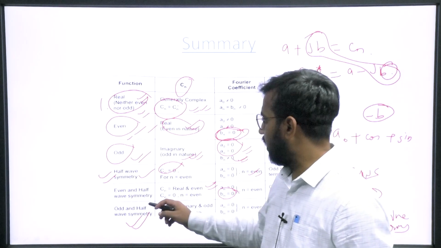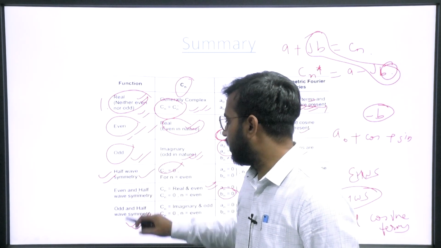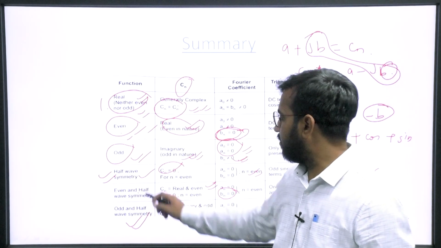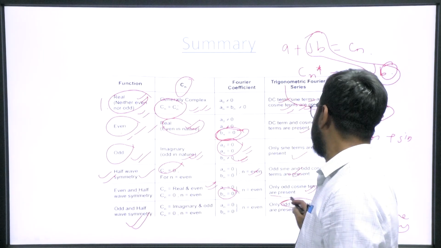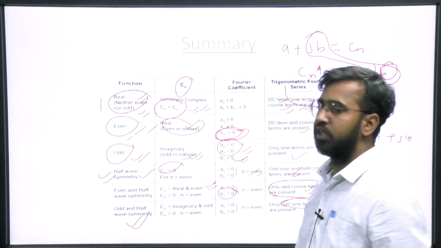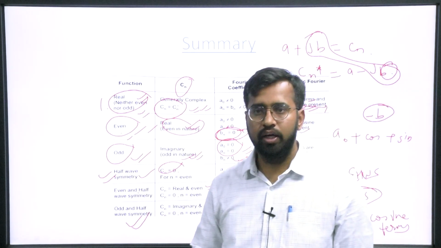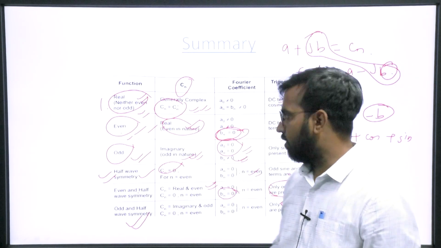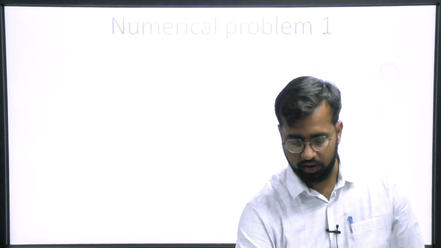Also, apart from being even, if it has the property of half wave symmetry, we can directly say the answer is the option which contains only odd cosine terms.